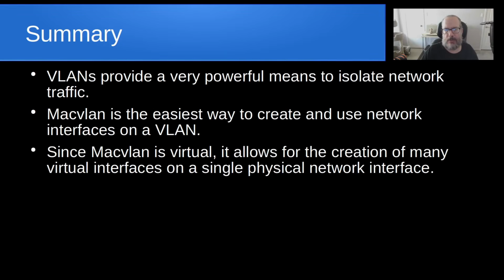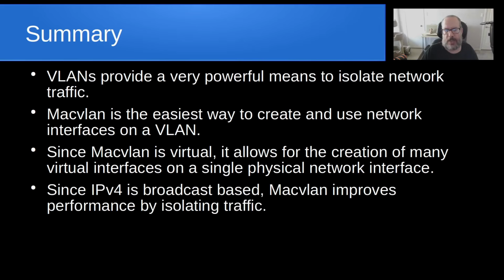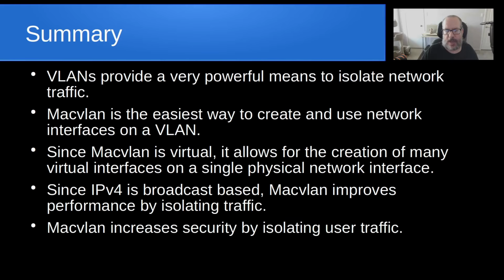And since macvlan is virtual, it allows the creation of many different virtual interfaces on a single physical Ethernet network interface. And since IPv4 is broadcast-based, macvlan improves performance by isolating traffic. And macvlan increases security by isolating user traffic as well.